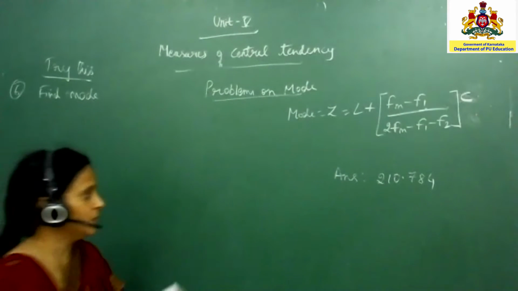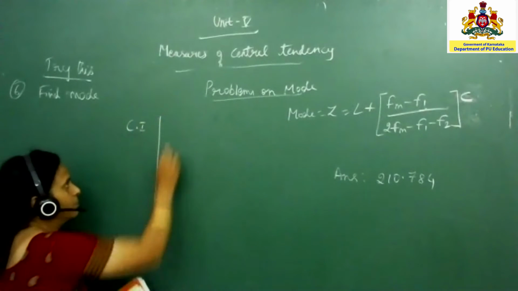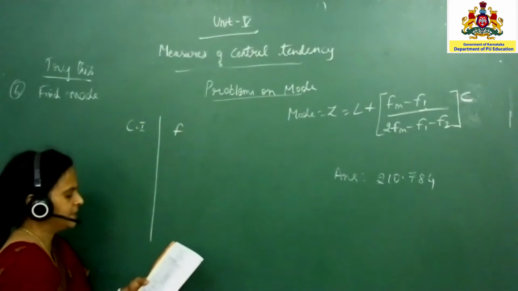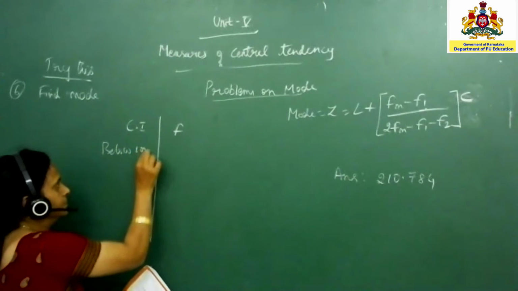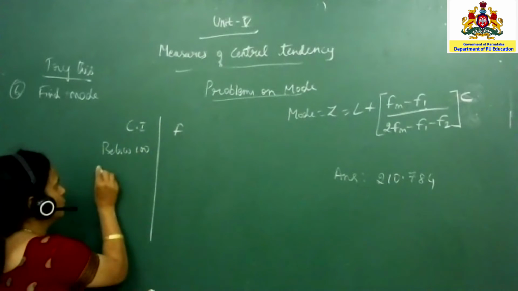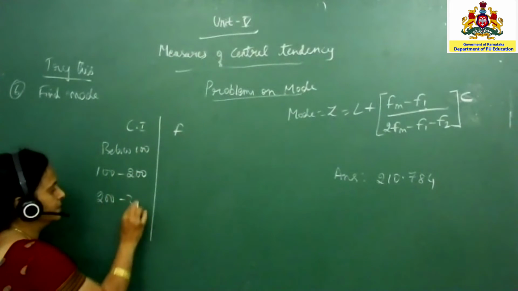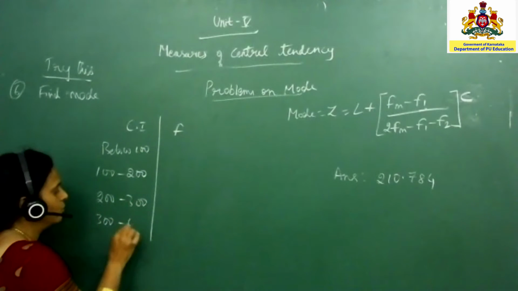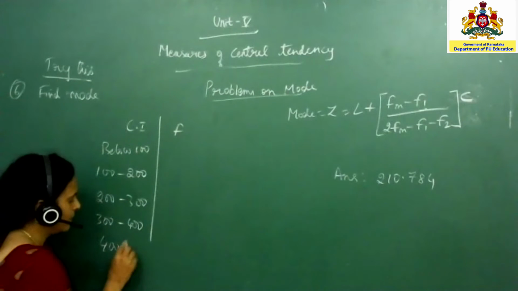Next problem. Try this one. You have to find the mode, with class interval and frequency. The class intervals are below 100, 100 to 200, 200 to 300, 300 to 400, 400 to 500, and 500 and above.